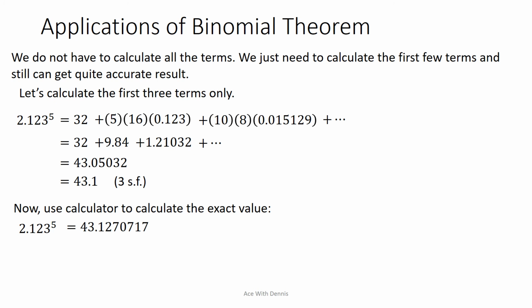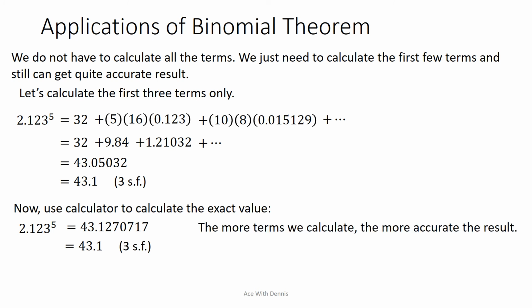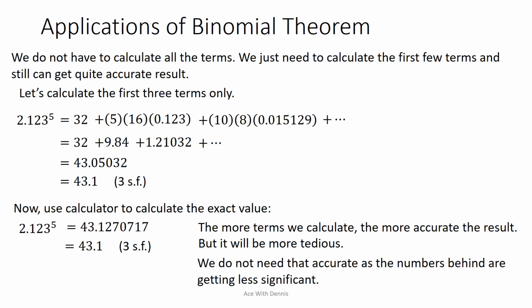Can you see that if you use the binomial theorem, the answer is very close to the exact value, which is also 43.1 to three significant figures? The more terms we calculate, the more accurate the result, but it will be more tedious. We do not need it that accurate, as the terms behind are getting less significant.